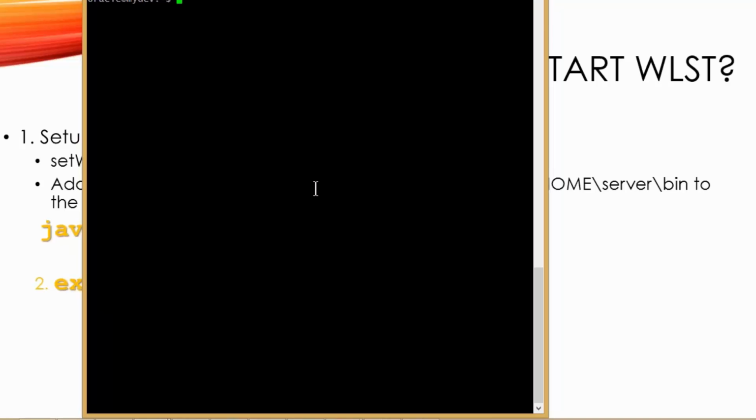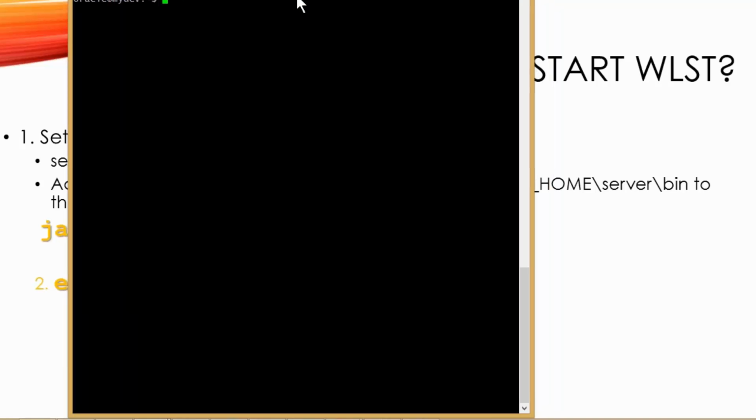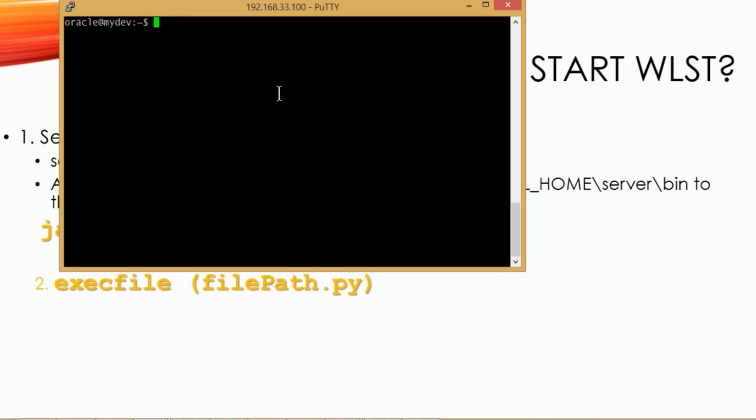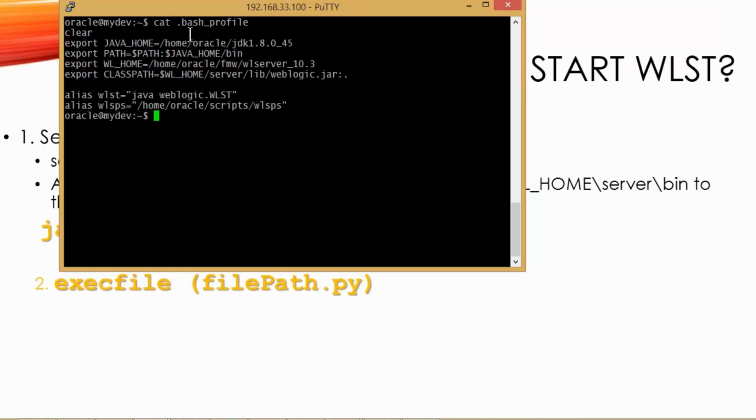Here I have one virtual box running on my dev machine. This is a Vagrant virtual box. In this one I have created a .bash_profile, which has the variables I just mentioned. First one is JAVA_HOME. Second is PATH, where I am using the Java home bin directory.